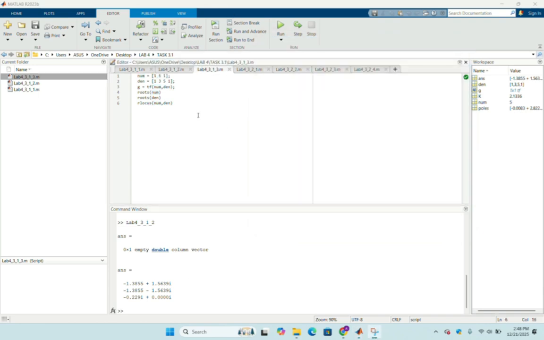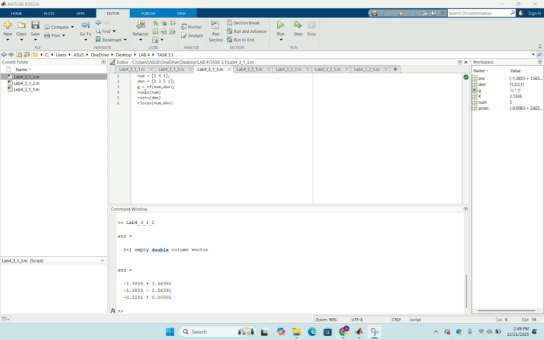Okay, next is question 3.1.3, where my numerator is [1 6 1] and the denominator is [1 3 5 1], and the rest is the same as the previous question.